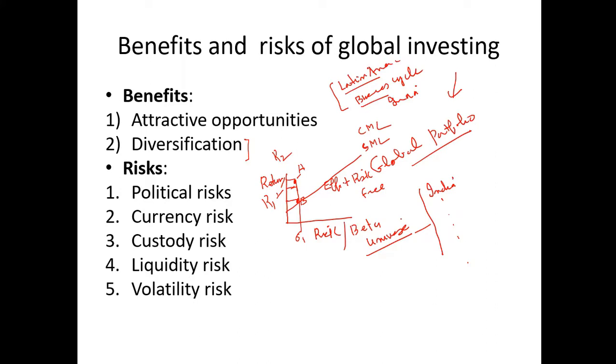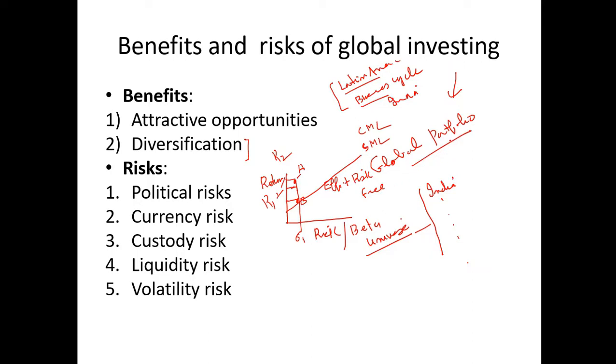Maybe a country like India is not performing well, but other countries are performing well. So global portfolio diversification offers better opportunities for diversification, and it may be beneficial. But there are various issues in global portfolio diversification.